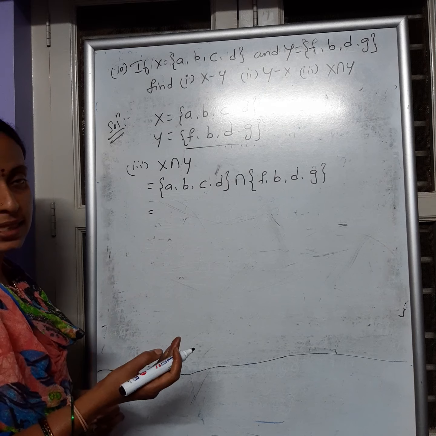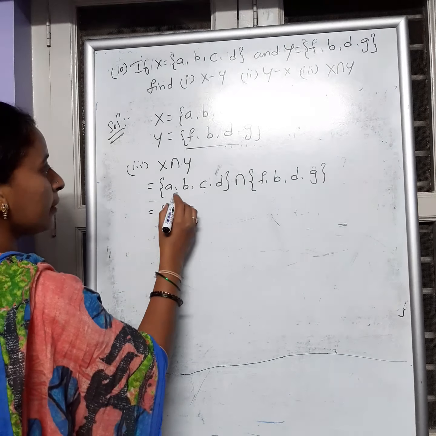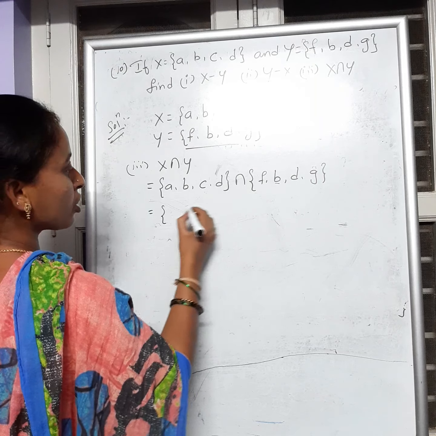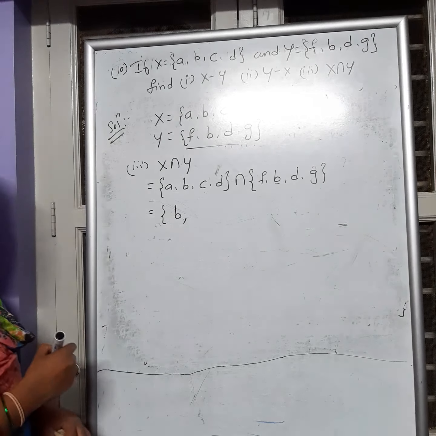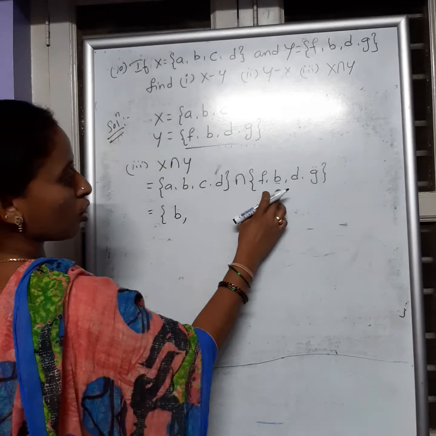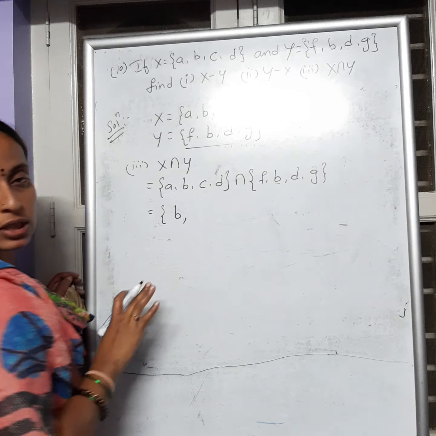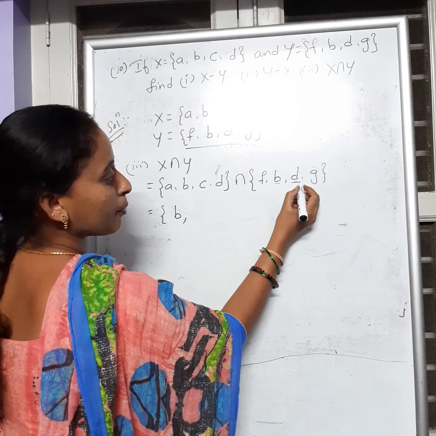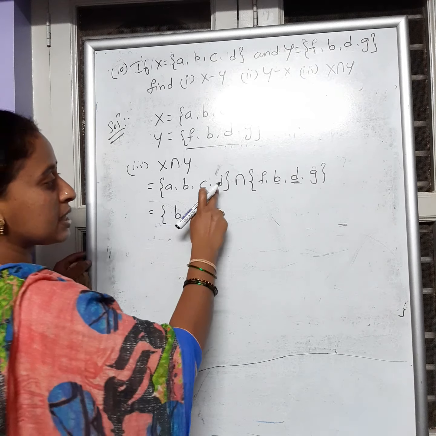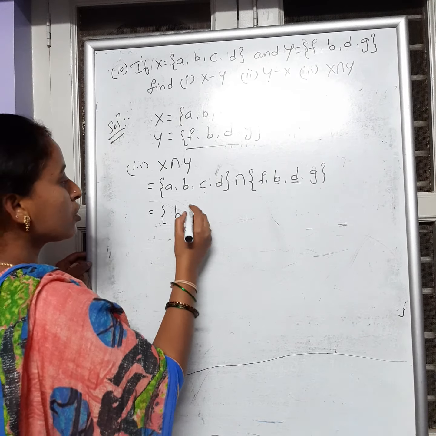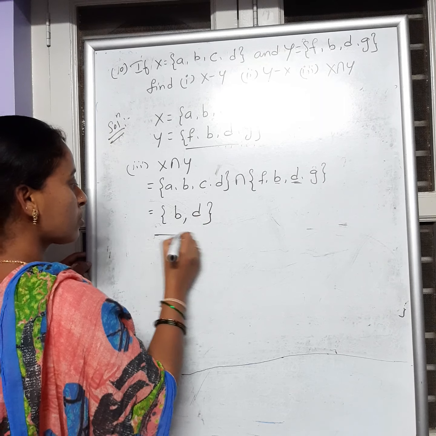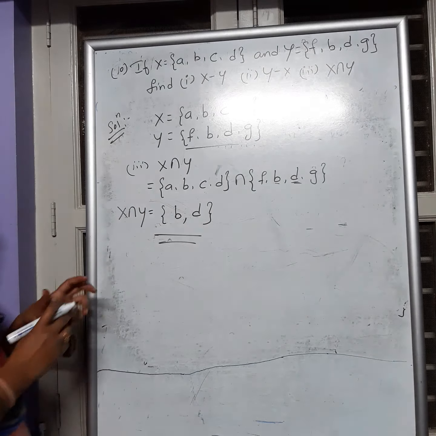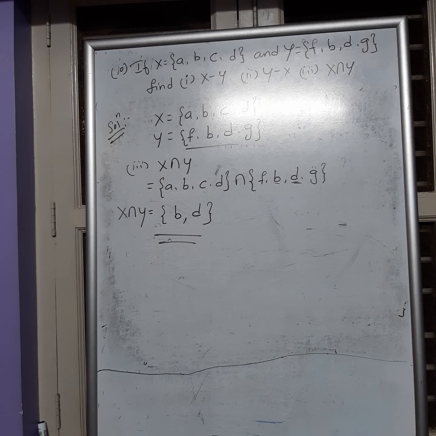Is A common? No. B? Yes, B is also there. So B is the first common element. Next C is not present here, so C is not a common element. And D. Yes, D is present here also. That means D is a common element. So we take that. So this is the X intersection Y.